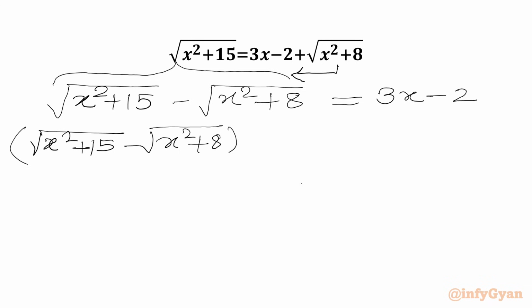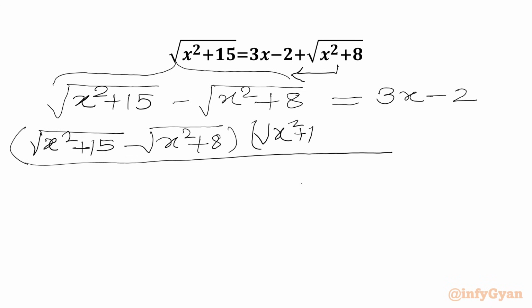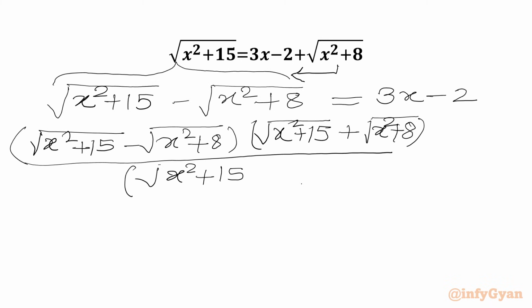Now we will multiply numerator and denominator by square root of x square plus 15 plus square root of x square plus 8. So in the denominator we will have square root of x square plus 15 plus square root of x square plus 8, equal to 3x minus 2.